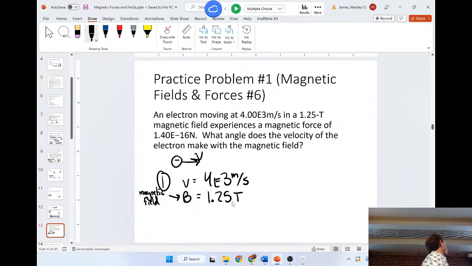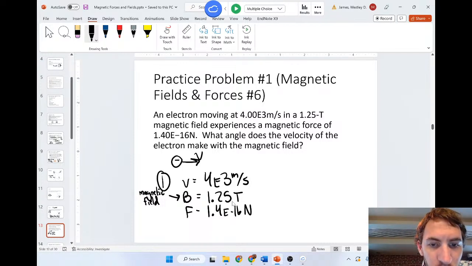And it experiences a force of 1.4 times 10 to the minus 16 newtons. Newtons goes with force. If you're ever stumped in a problem, you can always just match the units to the variables, and that at least gets you started. Just playing the matching game is what I call it with my kids. Newtons goes with force, Tesla goes with magnetic field, meters per second goes with velocity. We got a starting place.